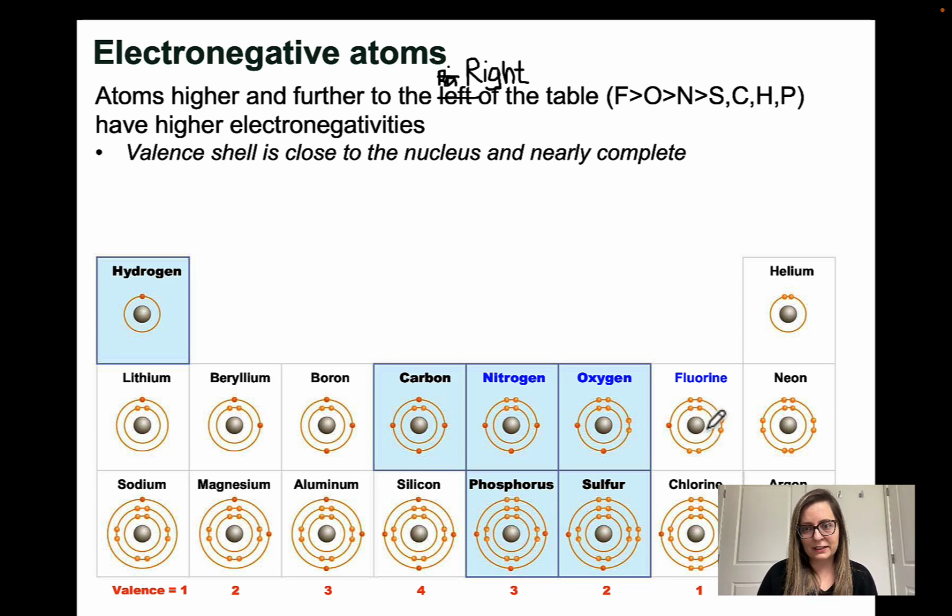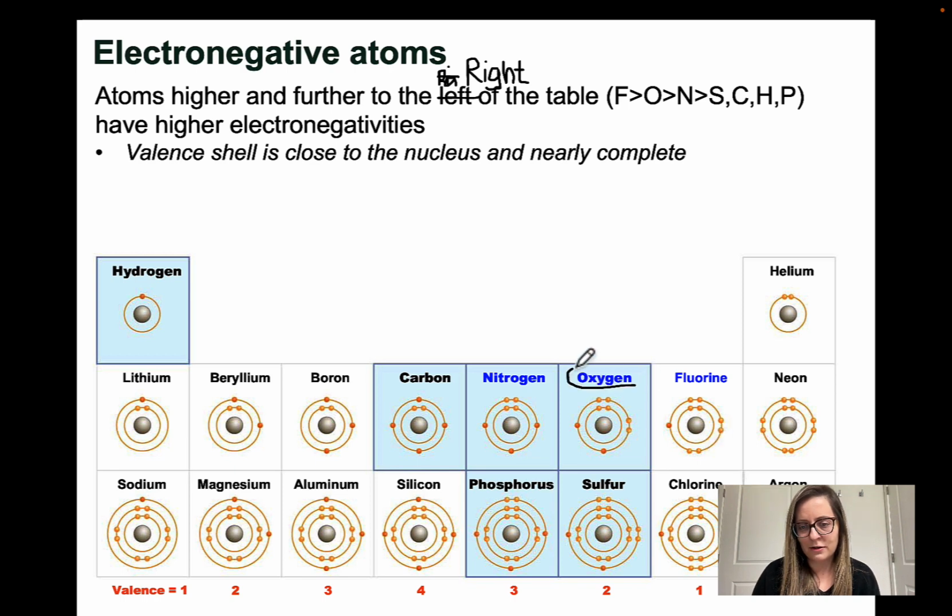And they're nearly complete. So if you take fluorine, for example, its valence shell only has one unoccupied electron, and its valence shell is relatively close to the nucleus compared to something like chlorine. And so this atom is going to have very high electronegativity. And it has more electronegativity than oxygen.